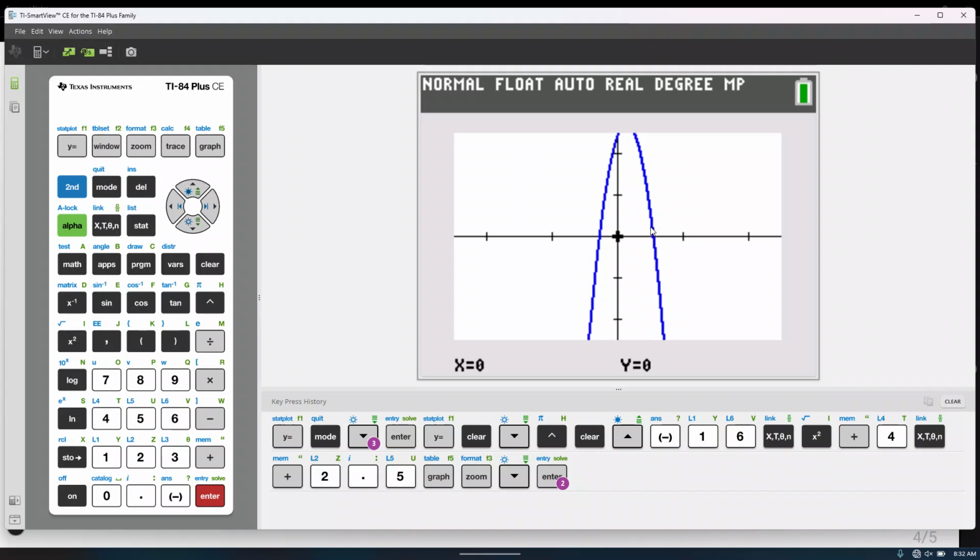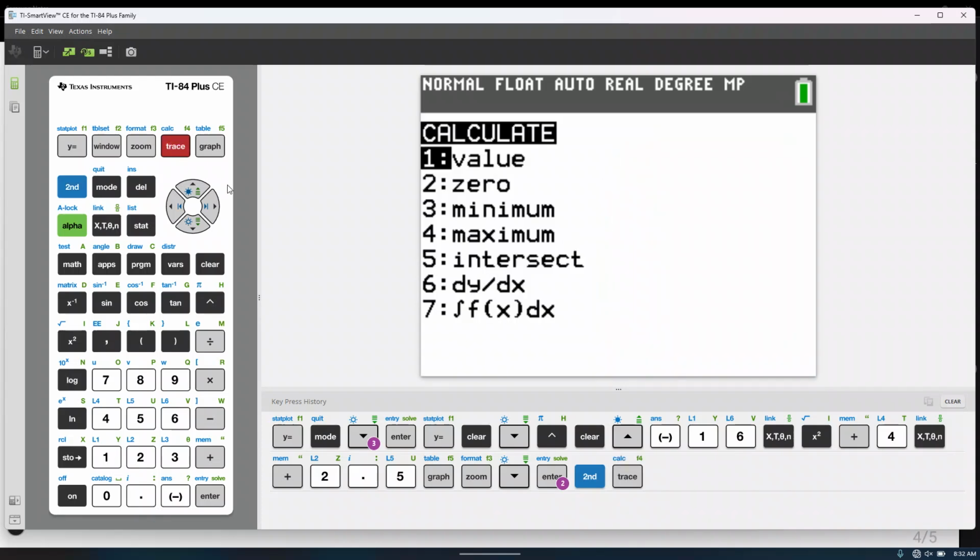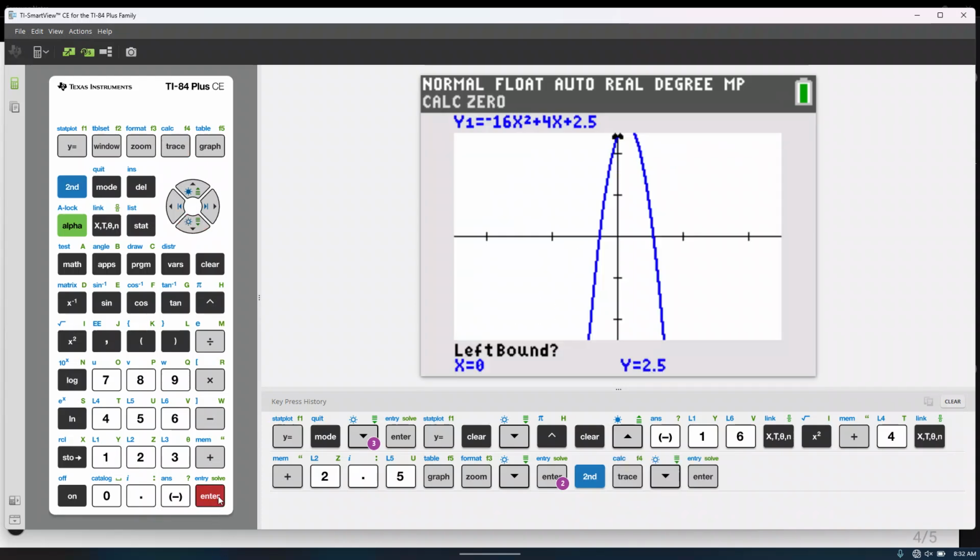The way the question is worded, it's in a way backwards. First we get to find out when. So the x-intercept gives us the t at which the height equals 0. To do that, go second, trace, and find the zero.